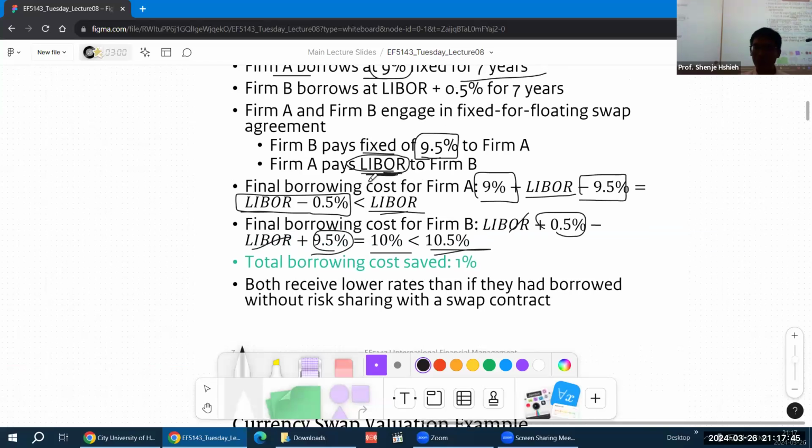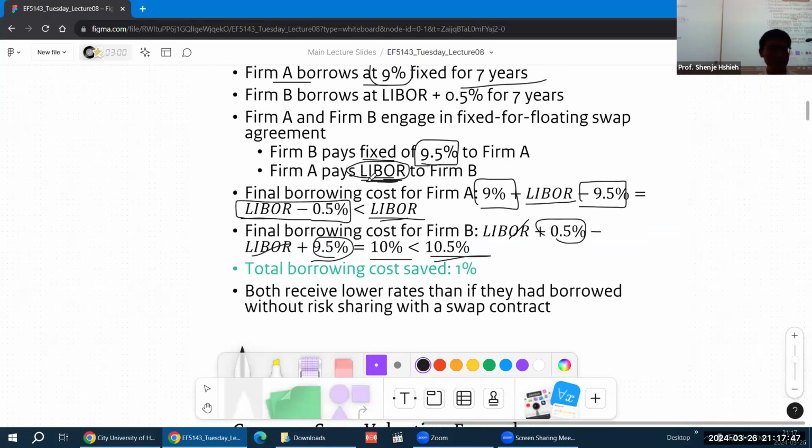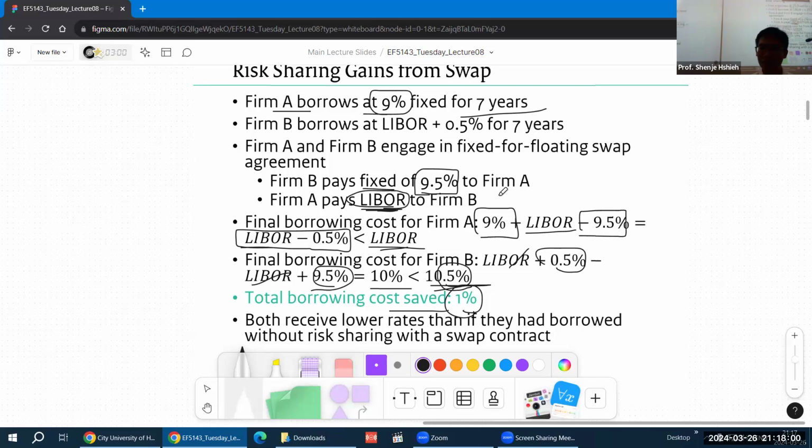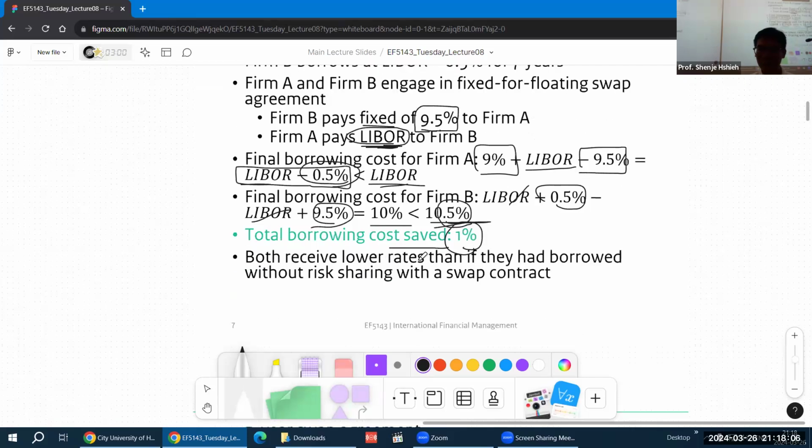We see that with these two numbers plus swaps, there is a borrowing space that's better for everyone. So the total borrowing cost saved is 1% because there's a decrease of 0.5% for firm B and a decrease of 0.5% for firm A. So both receive lower rates than if they had borrowed without risk sharing with a swap contract.